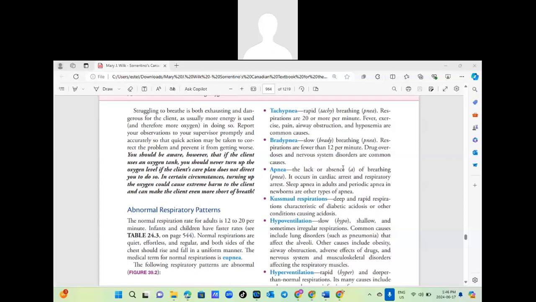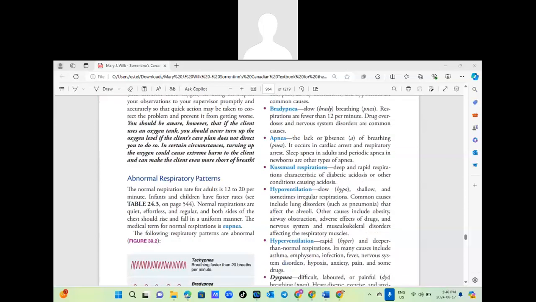And next is apnea. A means lack or absence, and pnea is breathing. Have you heard the word sleep apnea? There is a lack or absence of breathing when sleeping. Some people struggle, they snore too much because they are struggling, or they stop. They really pause breathing.